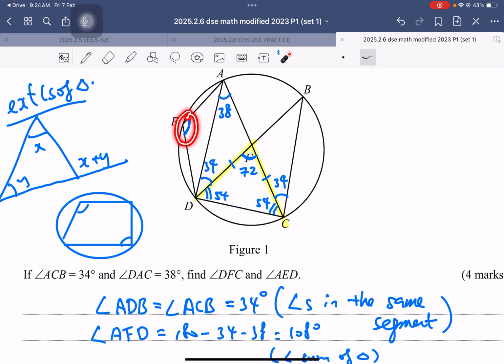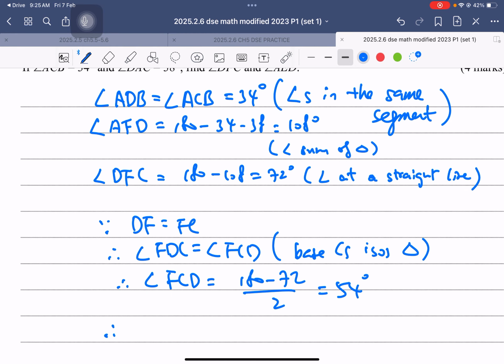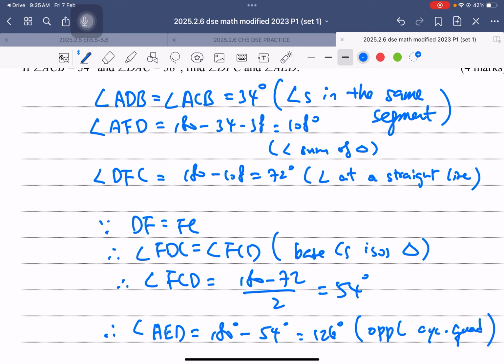C. In this quadrilateral, what is the opposite angle of this angle? 54. So angle AED should be equal to 180 minus 54, giving you 126 degrees. The reason is opposite angles of a cyclic quadrilateral. Okay?